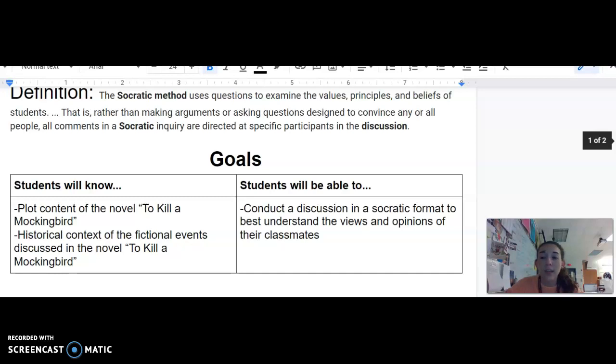So this is step one of a three-step process in which we are going on a journey together, finding common ground about different topics within our novel and figuring out how we really feel about these topics, how maybe the novel has changed our opinions, and how we as a community can maybe find common ground about these topics in general.